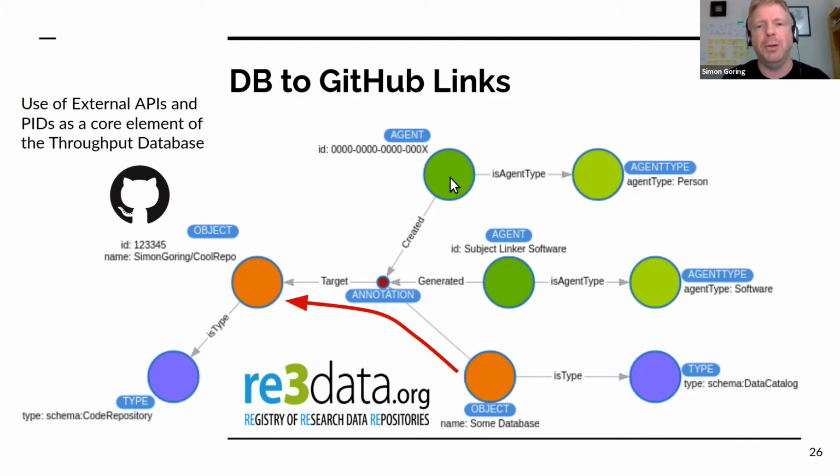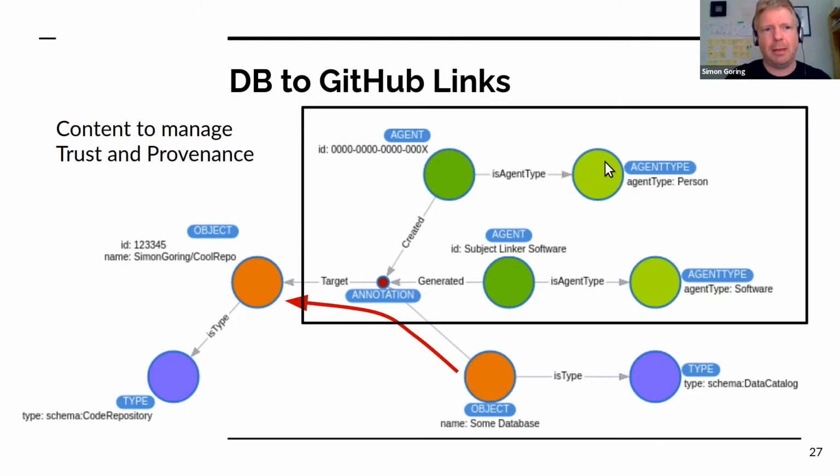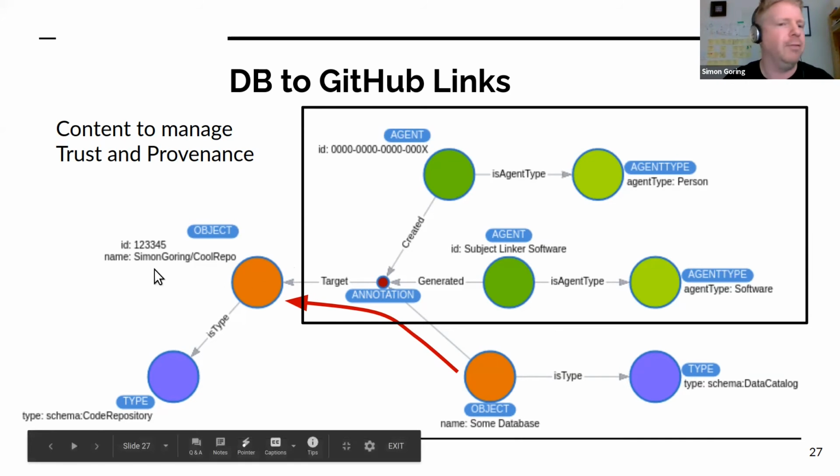So for example, the provenance information within the graph uses ORCIDs as well. And so we can build more information without Throughput itself having to actually store a lot of this data. We're able to farm that out to the experts in managing information about people, or the experts in managing information about code repositories or databases.